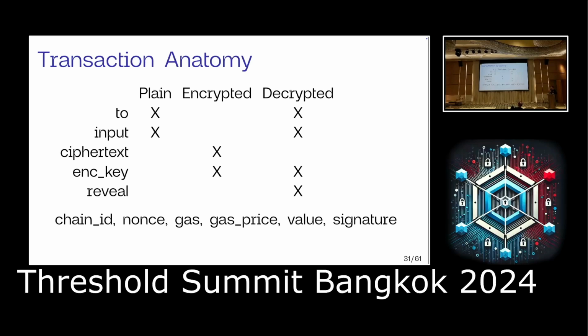Now, if we wanted to make an encrypted transaction, we would want to replace these 2 fields with a ciphertext whose values are those fields, and add an encapsulated key next to it to be able to decrypt it. And if we decrypted this transaction, we would get those 2 fields back. We would have a reveal value, which comes either from the SMC or the VDF solver. And this should allow us to verify that the transaction was correctly decrypted.